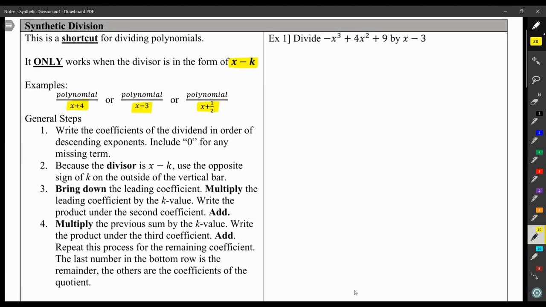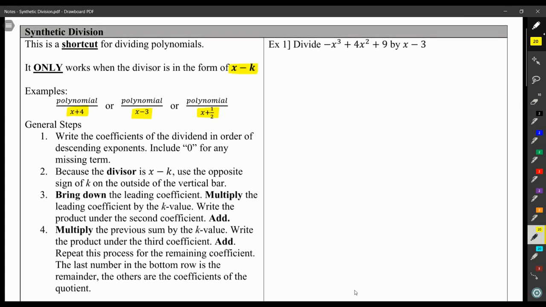However, we're just going to go through an example because sometimes reading the steps is a little bit harder than just walking through it. Now, again, just like long division, if you are missing a variable, it is necessary to replace it with a 0. So for example, we have negative x to the third, 4x squared, and then we don't have any x's at all, so we have to enter that in ourselves.